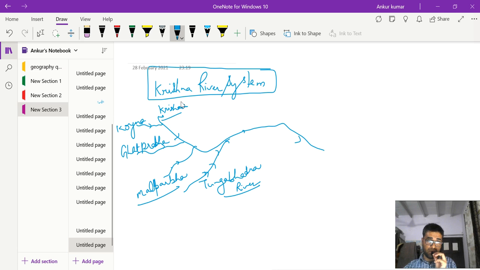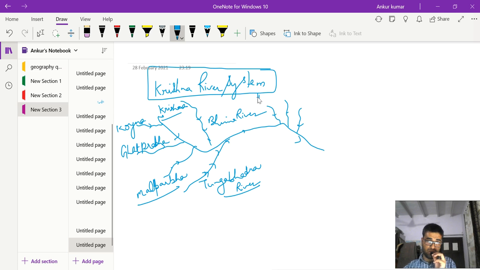And this is the Bhima River. And here you have three rivers, that is Dindi, Musi and Muneru.